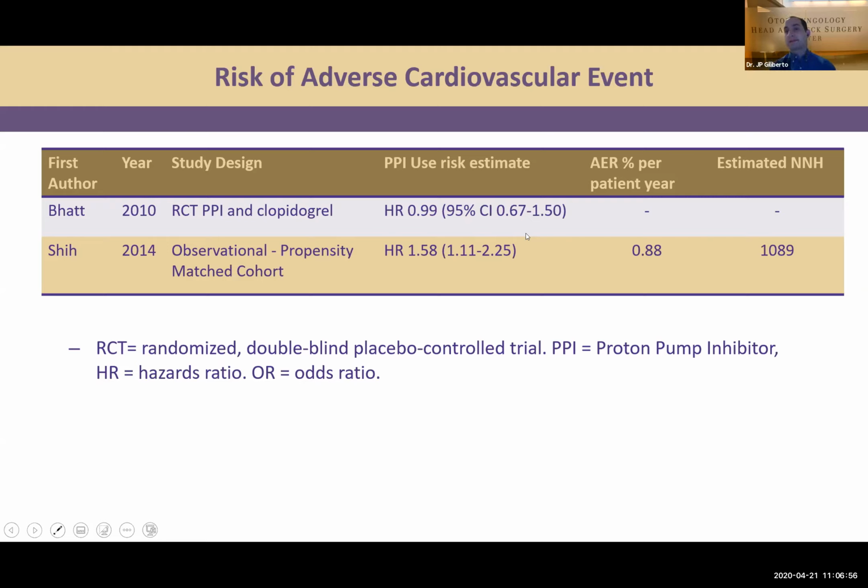And it is some of the best quality data that we have in the PPI literature that argues against a risk for acute cardiovascular event, especially in this very specific population that are taking clopidogrel.